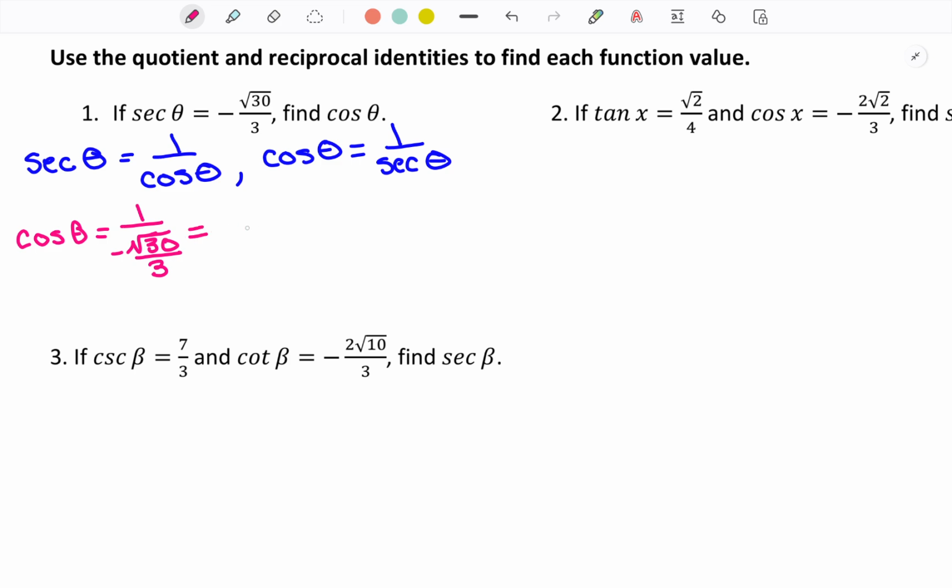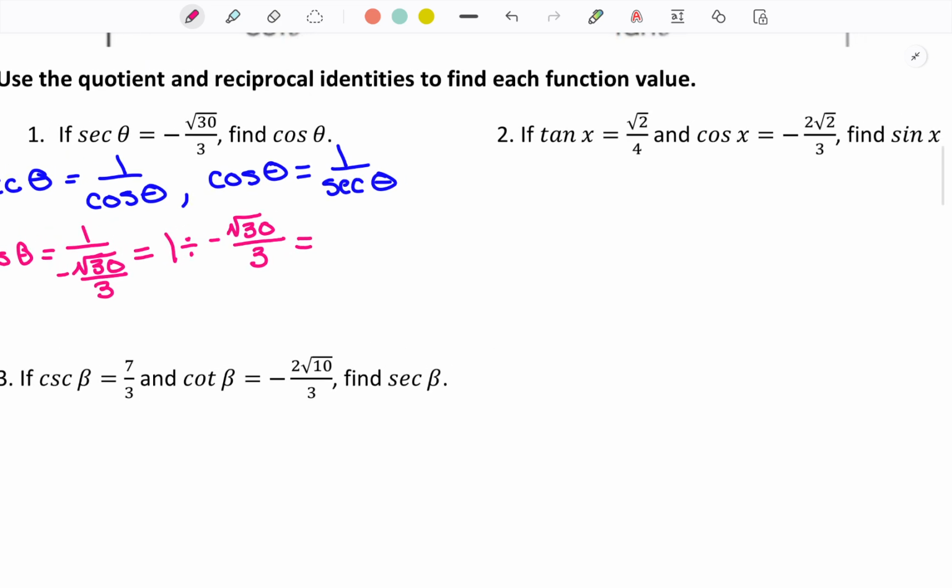And that is going to be equal to 1 divided by the negative square root of 30 over 3, which means that we can take this fraction, because we're multiplying by a fraction, and flip and multiply. So we have 1 over the negative 3 over the square root of 30, which is negative 3 over the square root of 30.